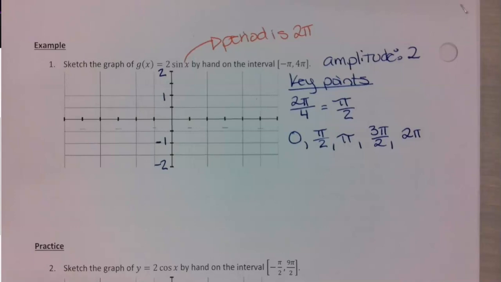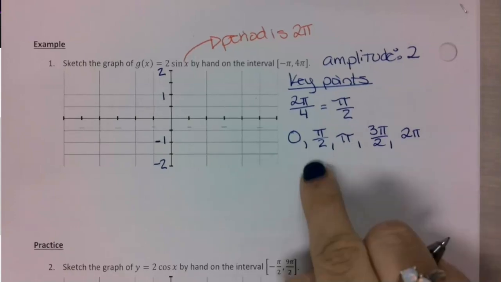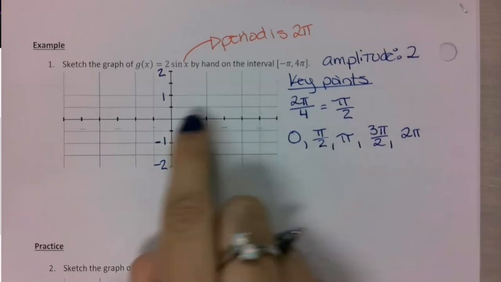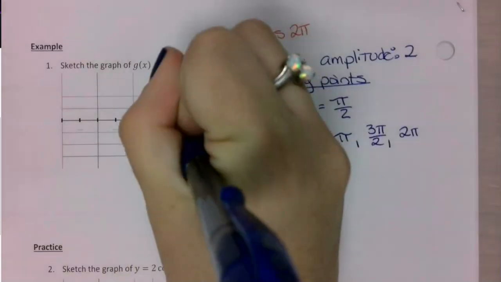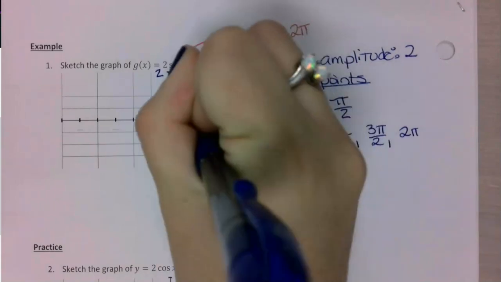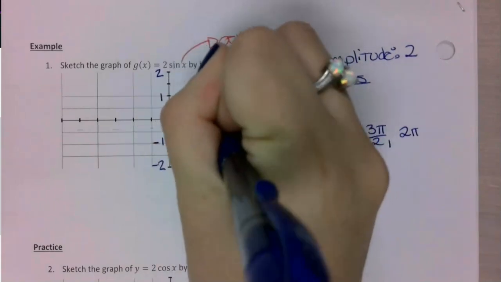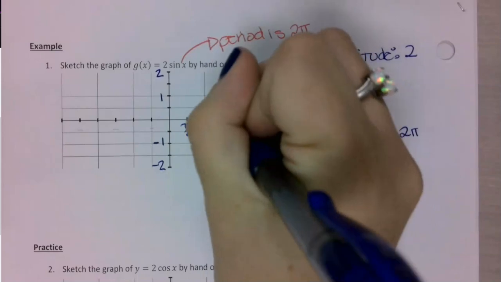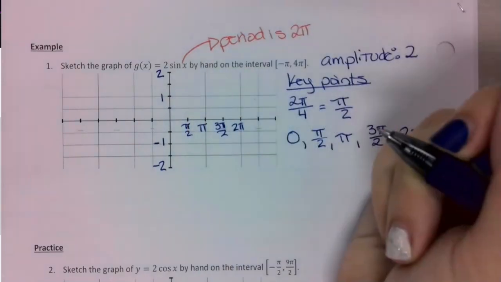Okay. So this tells me how much I want to break up my counting by. I'm going to count by pi halves. This graph isn't going to fit.